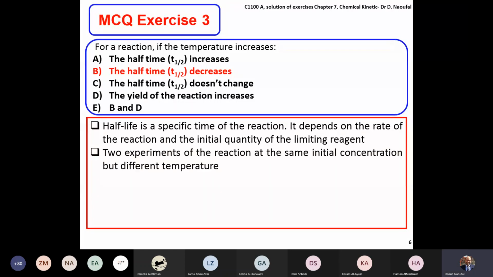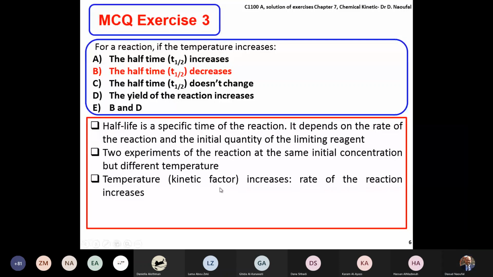And we know also that for two experiments of the reaction at the same initial concentration but different temperatures, should we have the same T half?